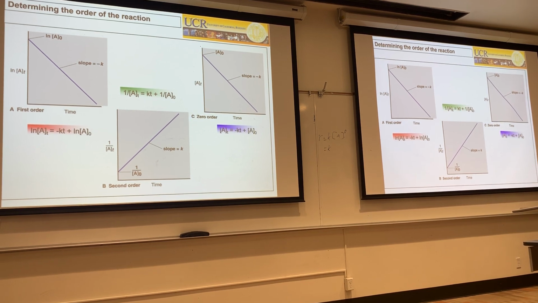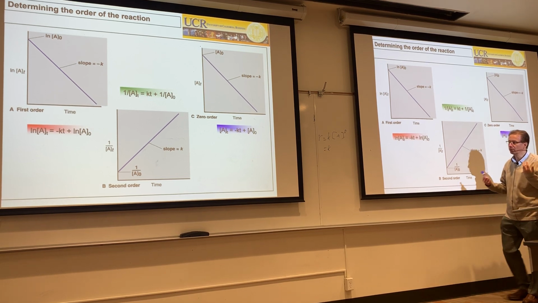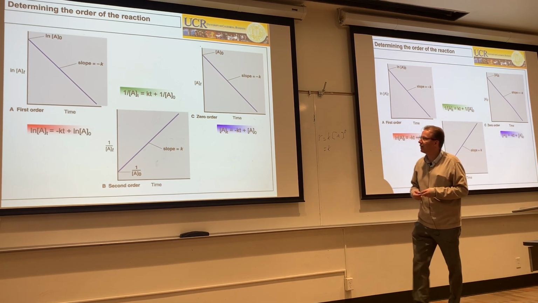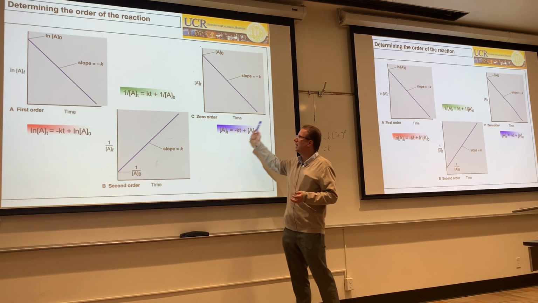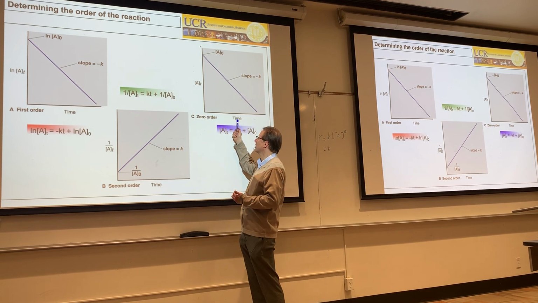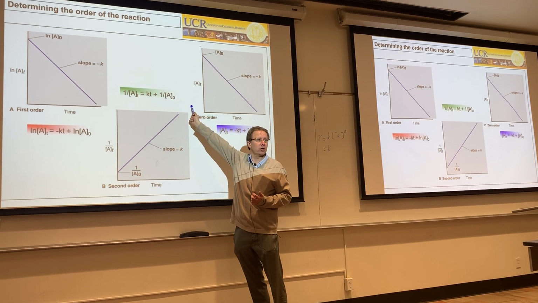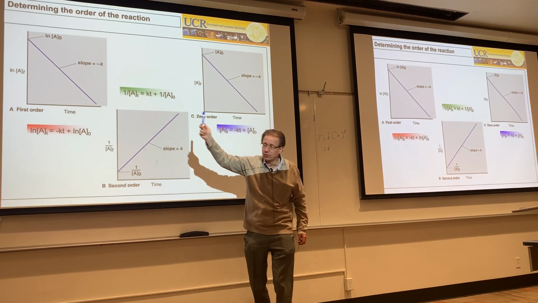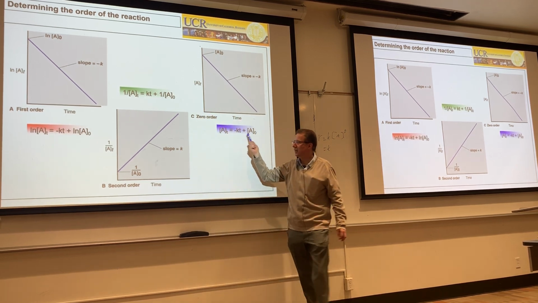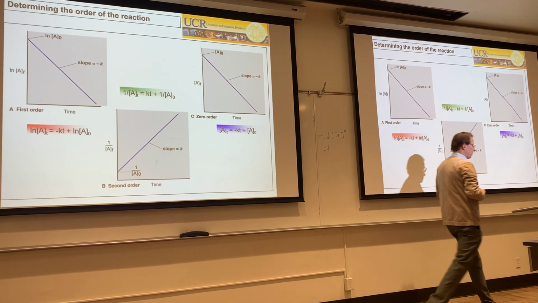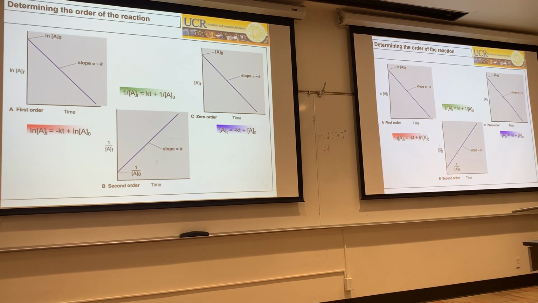So if I have a zeroth order reaction, then the concentration will go down at a constant slope of time. If I have always the same amount converted per unit of time, then the concentration will change linearly. And I have the most simple of plots with the time on the x-axis, then the concentration on the y-axis. Not logarithmic, just the concentration. And I have a formula like this for a zero order reaction.